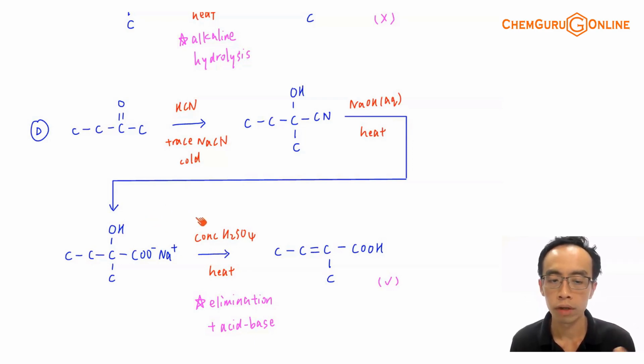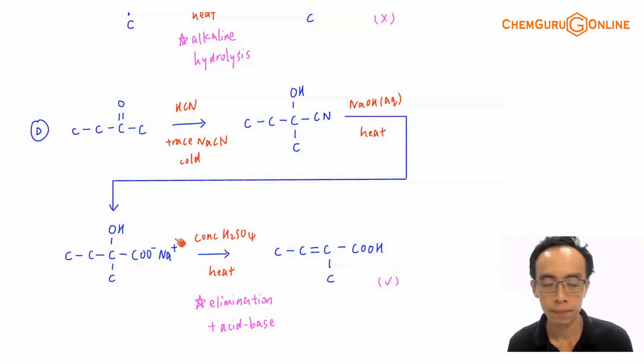First, the reagents and conditions for elimination of alcohol to form alkene, so the double bond will be there. And on top of that, since it is concentrated H2SO4, the condition is acidic, so you'll be able to convert my COO- back to your COOH.